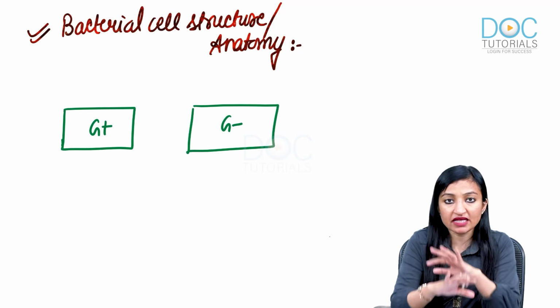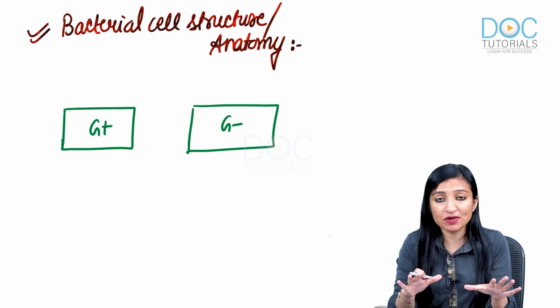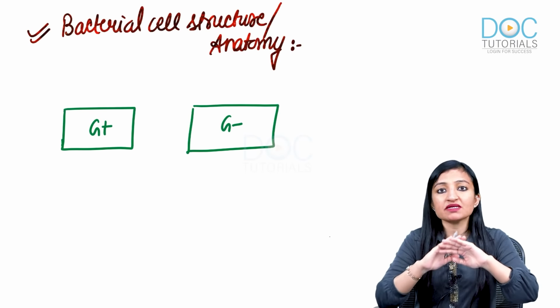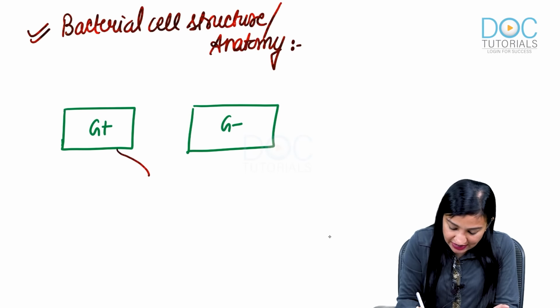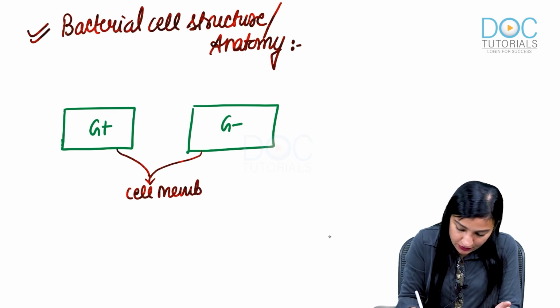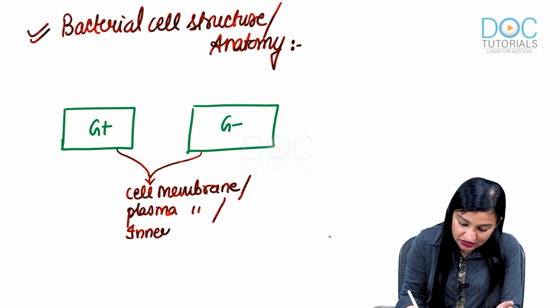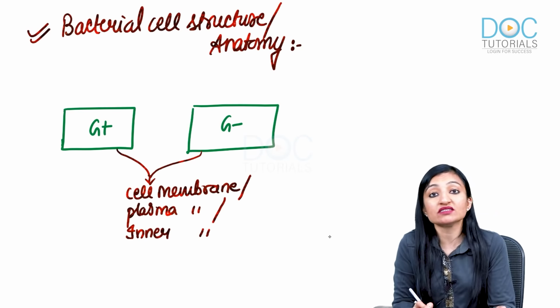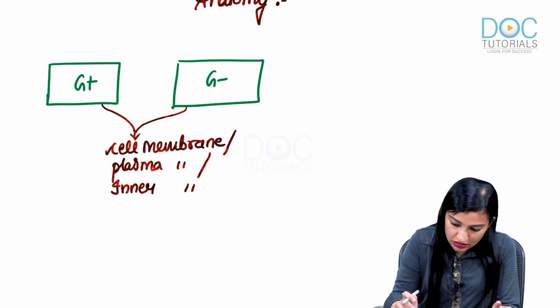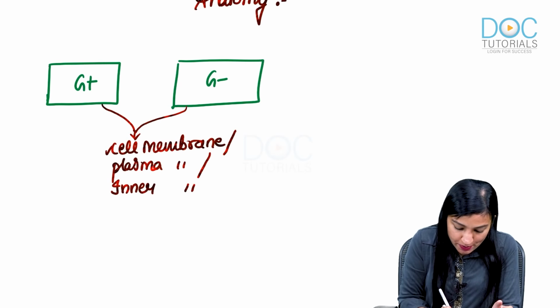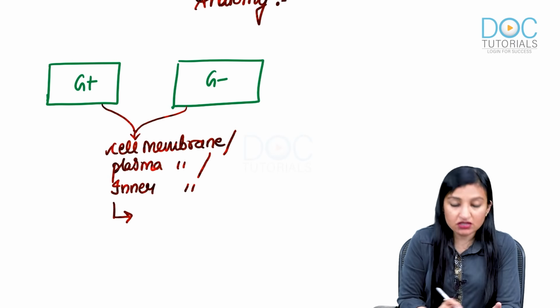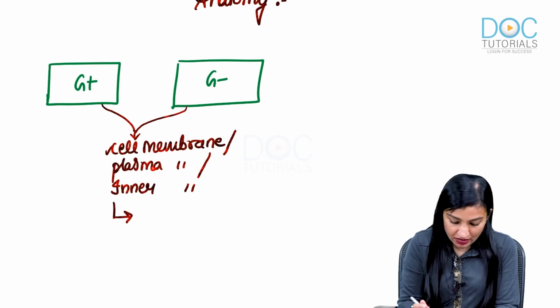So the innermost thing in the cell is nothing but the cytoplasm, and the cytoplasm is surrounded by what? The cytoplasm is surrounded by the layer of cell membrane, also known as plasma membrane, also known as inner membrane. So this is the innermost layer surrounding the cytoplasm. So guys, now a few important points about cell membrane.